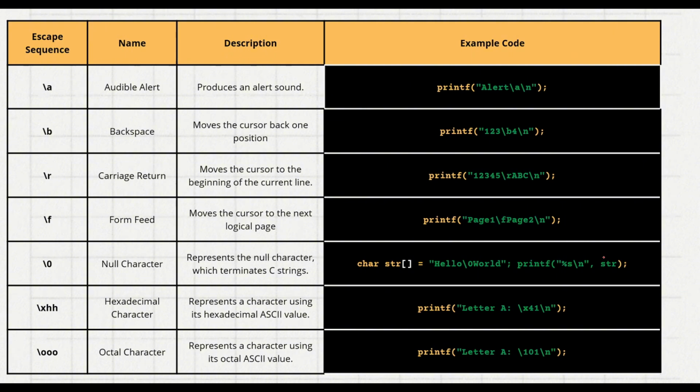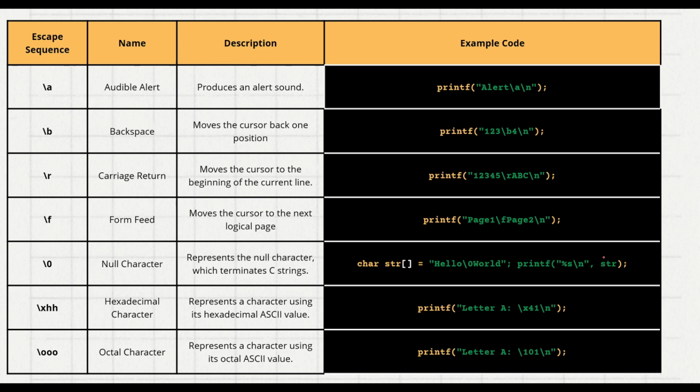In the example, with this char string, only hello will be printed because \0 stops the string. Next is \xhh, which allows us to represent characters using their hexadecimal ASCII values. For example, this code prints letter A, since 0x41 is the ASCII code for A. Finally, we have \ooo, the octal character, which represents a character using its octal ASCII value.